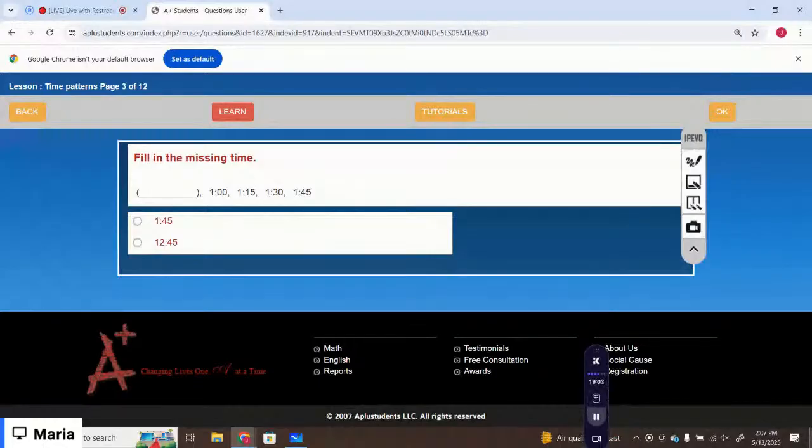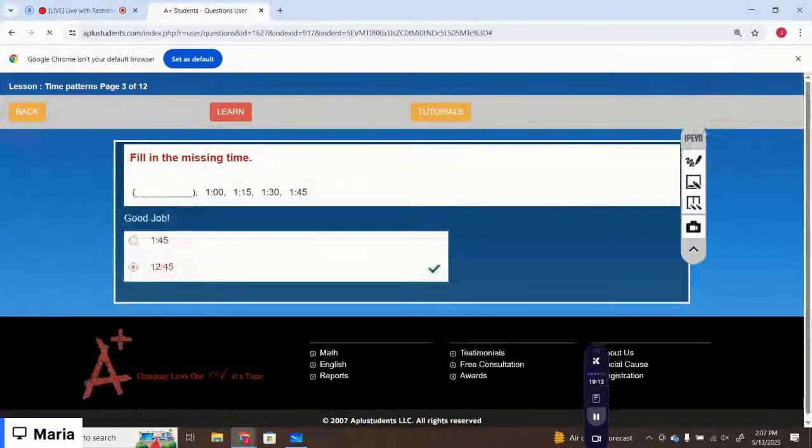So the time is increasing by 15 minutes, right? So you need to go back 15 minutes for the first one. So that would be 12:45. Option number two is the correct option.